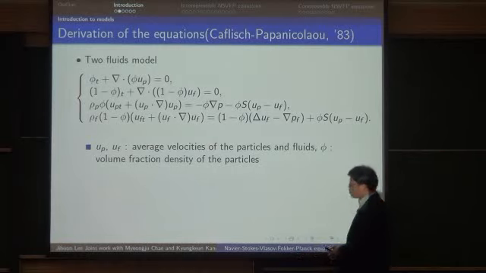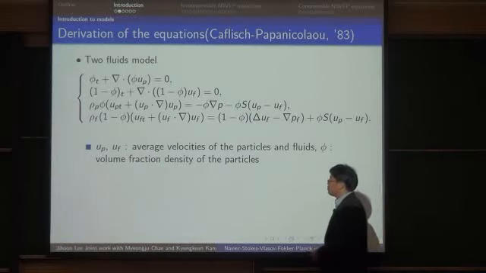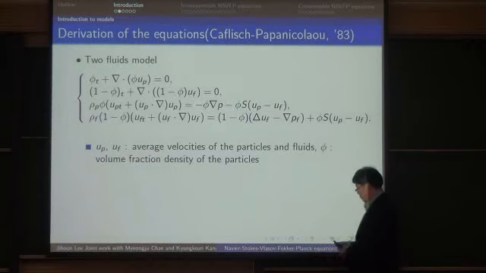At first we consider two fluid models, with one fluid here and another fluid here. We state there are two fluids, U sub P and U sub F. U sub P is the average velocity of one fluid, and U sub F is that of the other fluid. Also, phi is the volume fraction density of the particles.